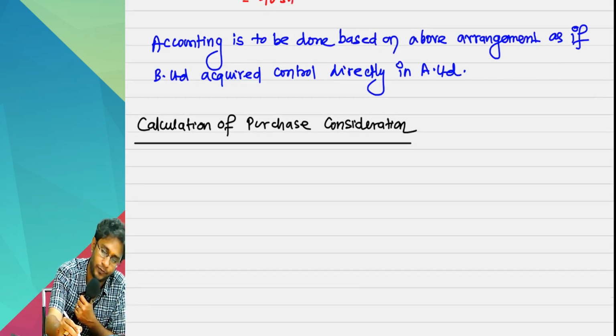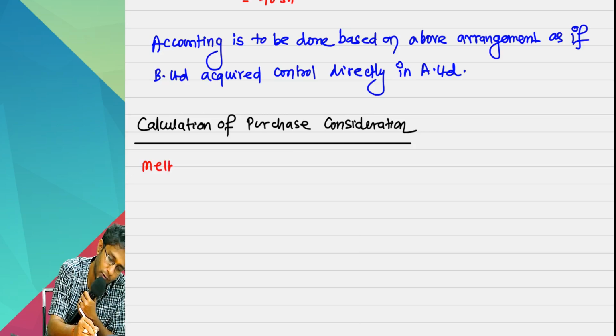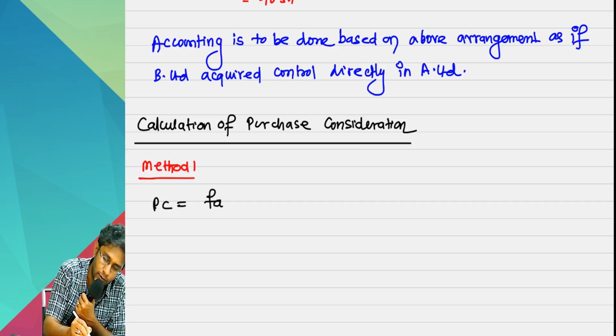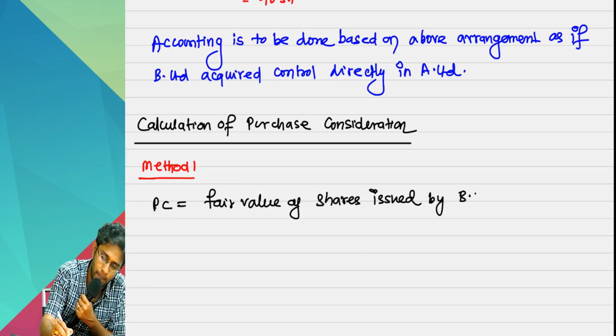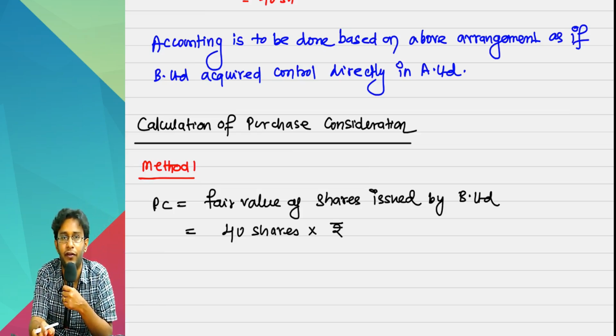So, method 1. PC is equal to the fair value of shares issued by B Limited. So hypothetically, B Limited will issue how many shares? 40 shares into B Limited's fair value, which is given in the question.